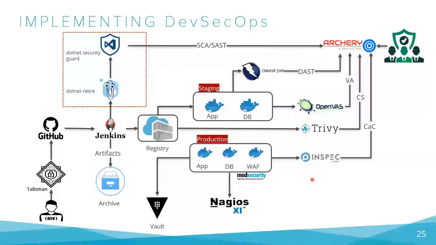For the .NET environment, you can see .NET Retire for SCA and .NET Security Guard for SAST. There are several other tools that you could use based on the need and the environment setup you have.